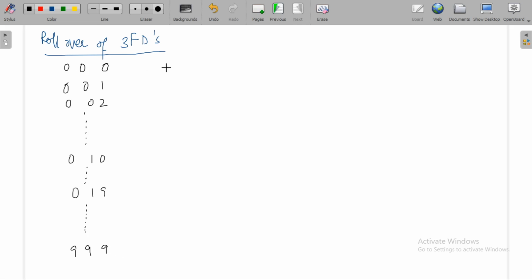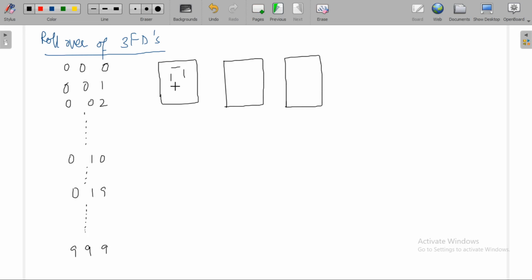Anyhow, you're going to have 3 full digits, 3 7 segment displays.